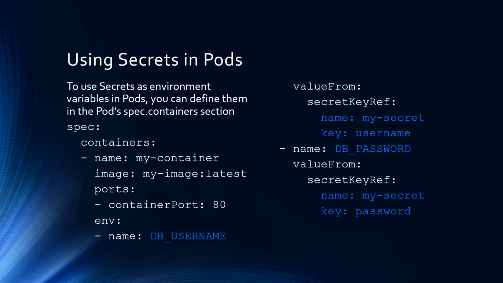With volume mounts, the secret values appear as files in your container's file system, which can be more secure and easier to manage for some applications. Another best practice is to ensure your application handles secret rotation gracefully. Consider implementing periodic pod restarts or using tools that can detect and react to secret changes.